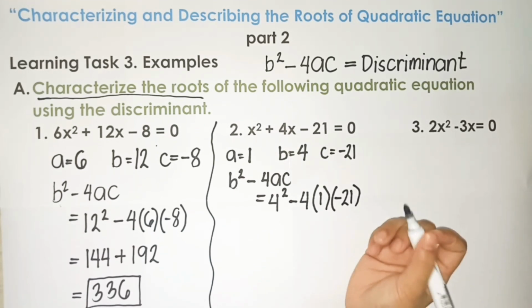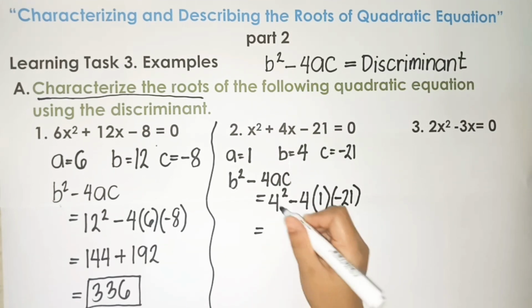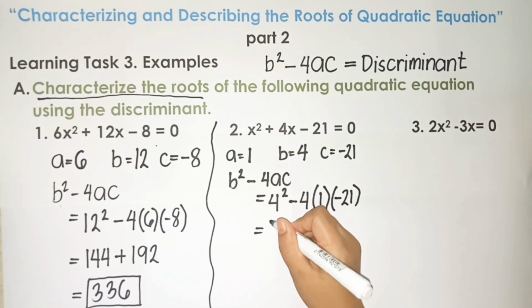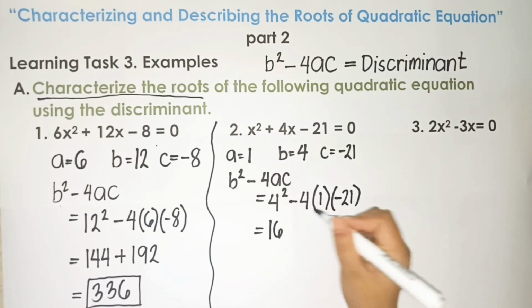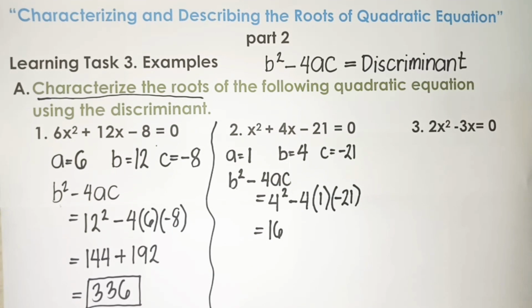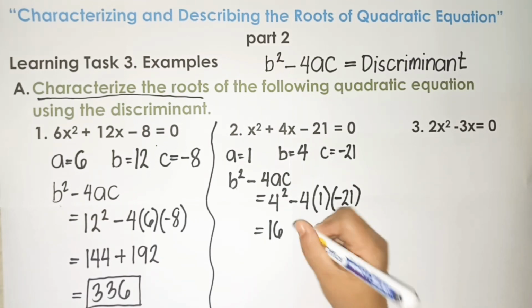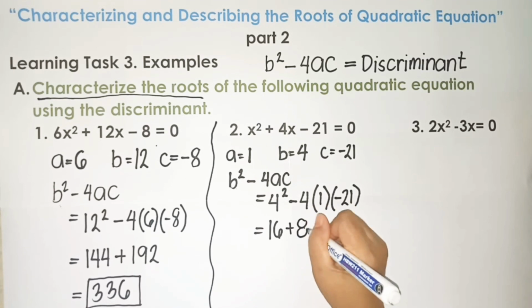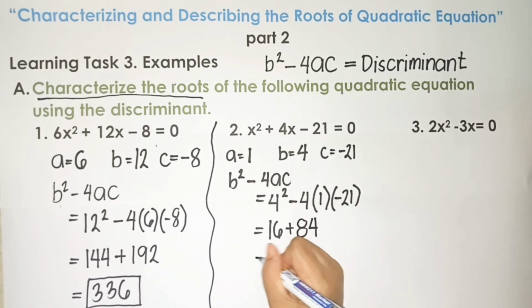Let's simplify. 4 squared is equal to 4 times 4, or 16. Negative 4 times 1 is equal to negative 4. And negative 4 times negative 21 is equal to positive 84. So let's simplify: 16 plus 84 will be 100.